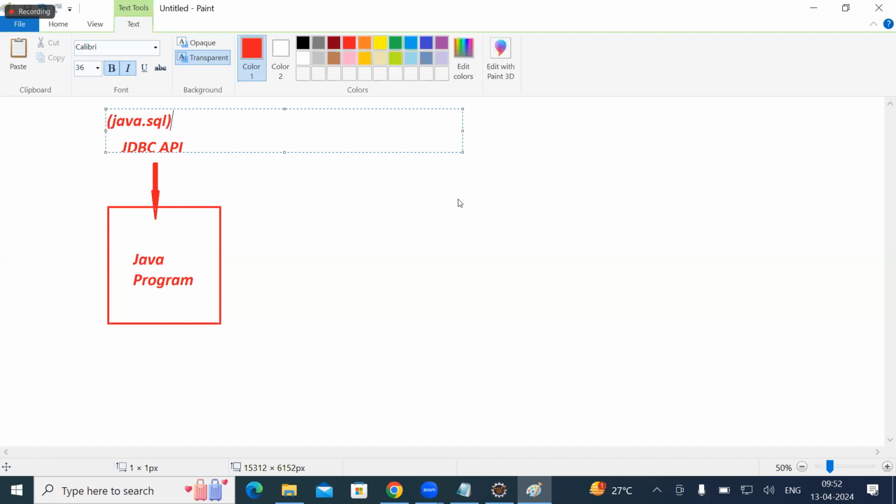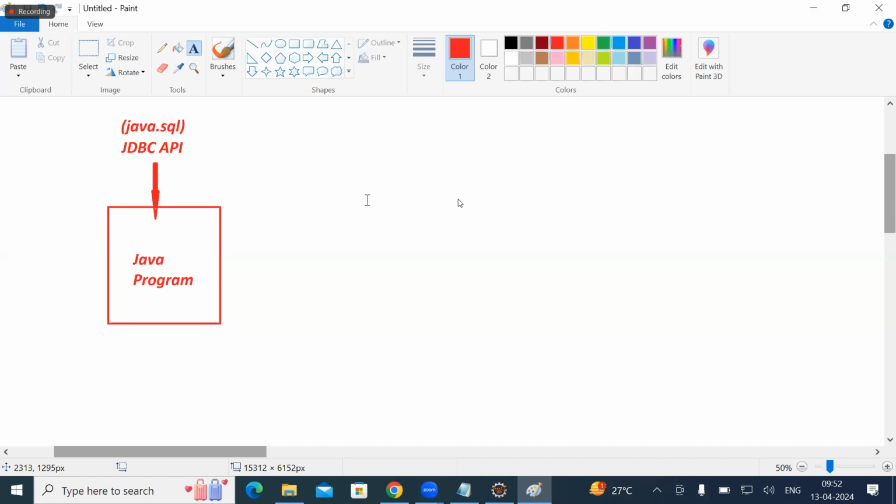JDBC API is nothing but the java.sql package, you know. In core Java, there are four packages: java.lang, java.util, java.io, java.net. Those four are core Java. Java.lang means fundamental.